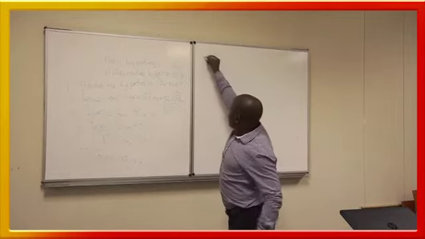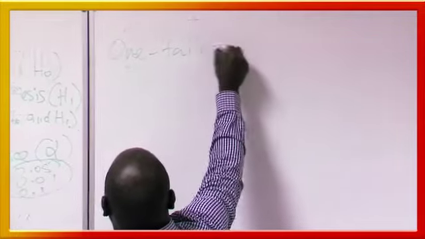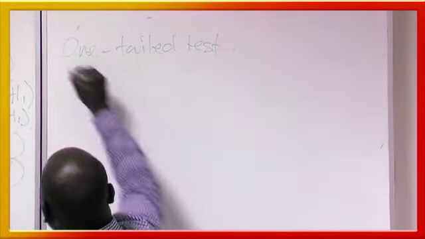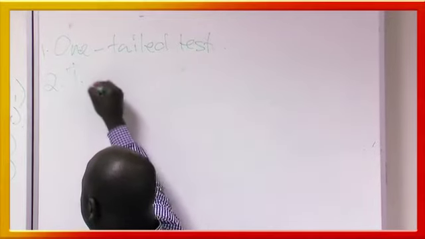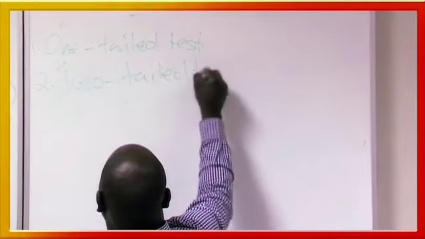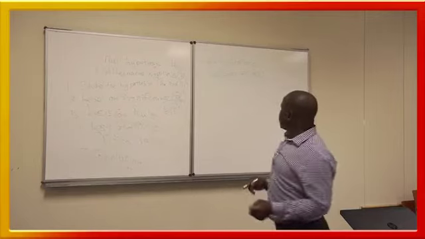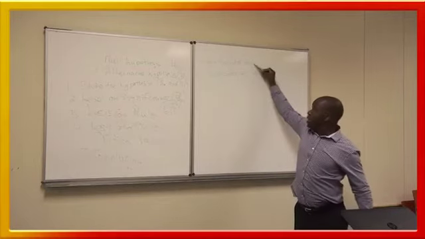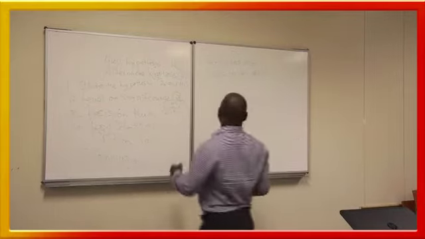There is what is called a one-tailed test, that's type number 1. And 2, there is what we refer to as a two-tailed test. Now, what makes a distinction between a one-tailed test and a two-tailed test? Let us look at this one.